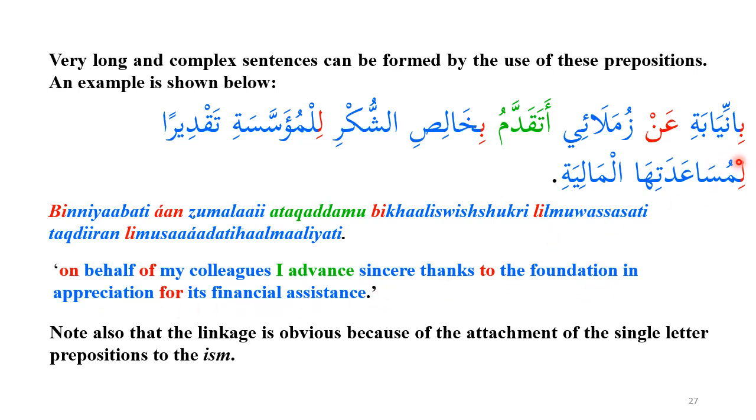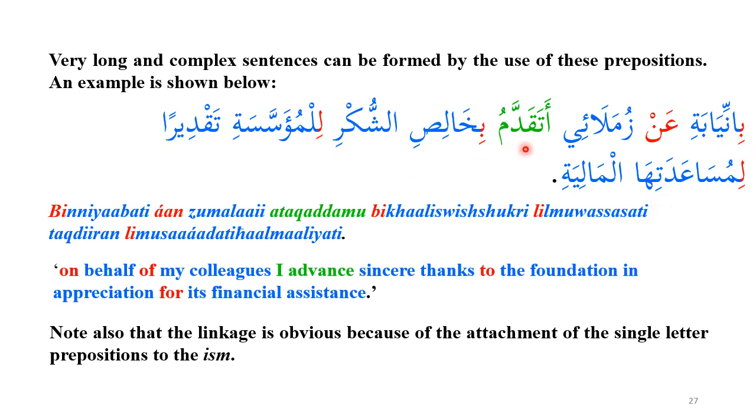So here you see the linkage is shown. The harf here is red, and then the verb. There's only one verb here, which is green, and all the other blue ones are the ism. You have to understand this very clearly. So see, the linkage is shown in several ways. First, the single letter preposition, single letter harf like bi or li, they link with the ism.